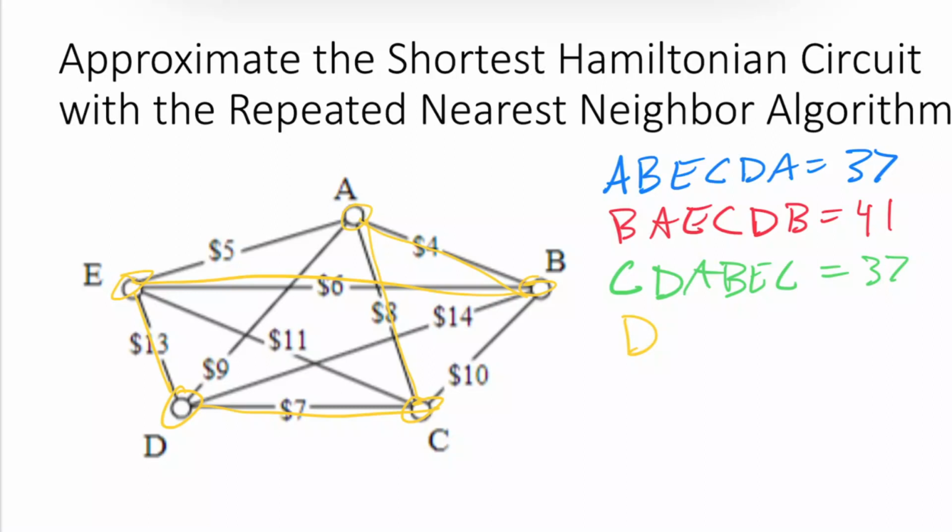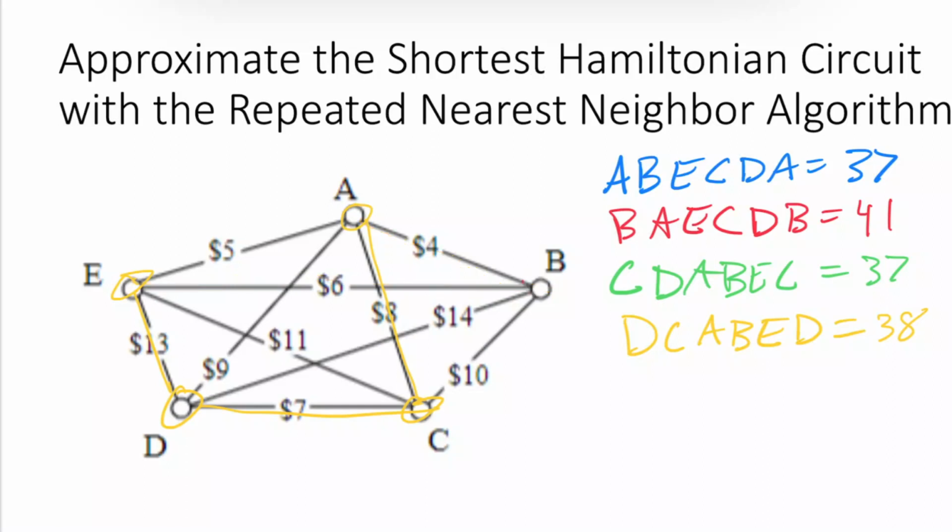So it's going to be D, C, A, B, E, D. And that cost, if I go 7 plus 8, that's 15, plus 4 is 19, plus 6 is 25, plus 13 is 38, I think, if I added that up right. So that would be that circuit.